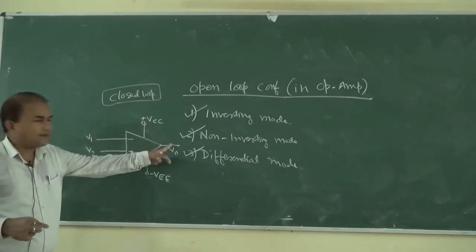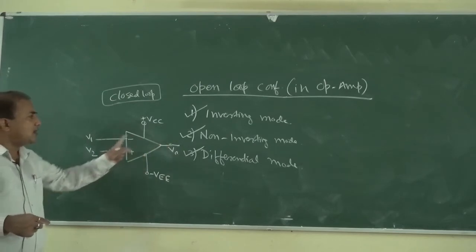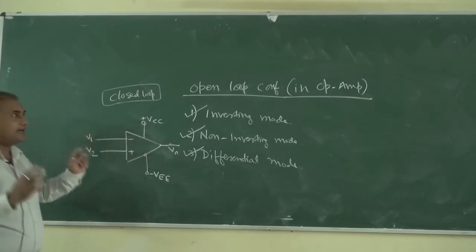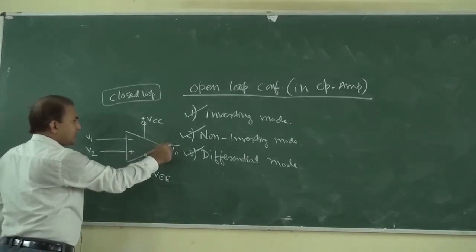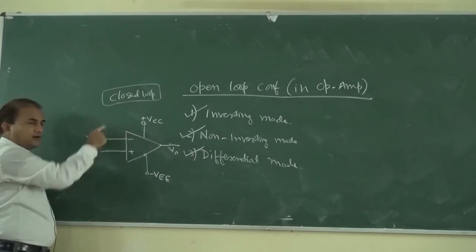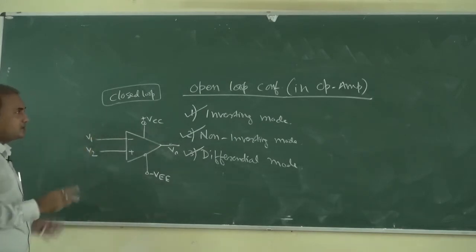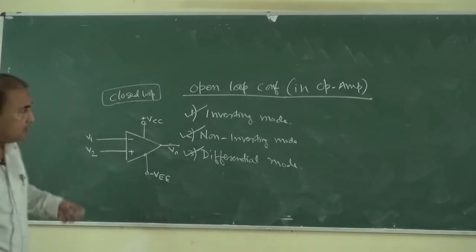Okay, in closed loop, V output may be connected to V1, it may be connected to V2 or it may be connected to both. But in case of open loop, V output is not connected to either V1 or to V2 or to both. Okay, so this is the difference between open loop configuration and closed loop configuration.